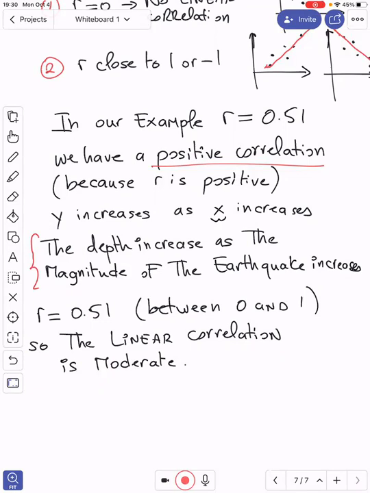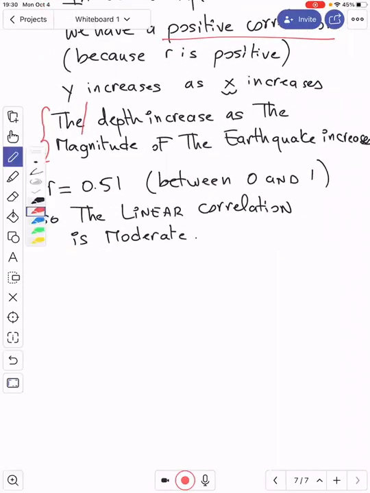Okay, so let's do an exercise. In this exercise, again, we have two variables. We have a 10 days sample.